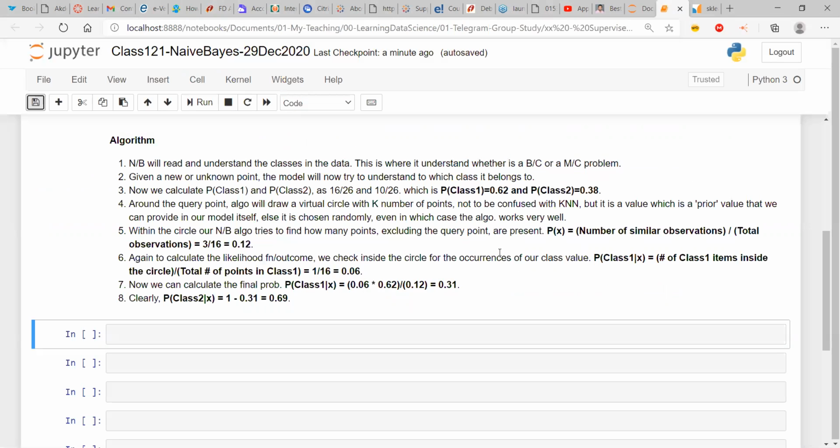But that is not really going to matter because that value, first of all, will be selected very small, and hence a smaller area out of a bigger data set will be selected. Hence the computation time will be small. Irrespective of how many points are there, the final calculations may not really change because it is looking at the affinity of the points within the circle. Are you getting my point?